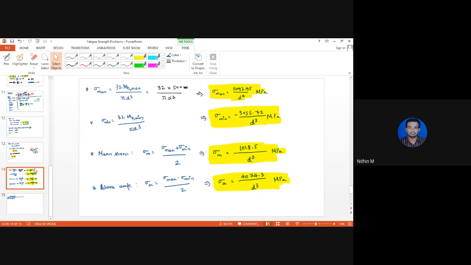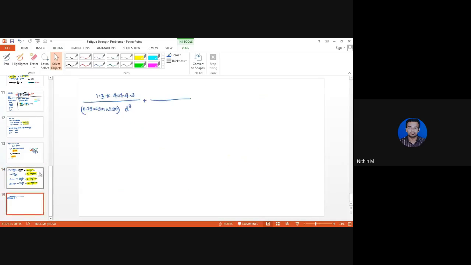What was sigma m? 1018.5 divided by 290 into d cube, because sigma y was 290, is equal to 1 by the factor of safety. What factor of safety was given? 1.8, correct?